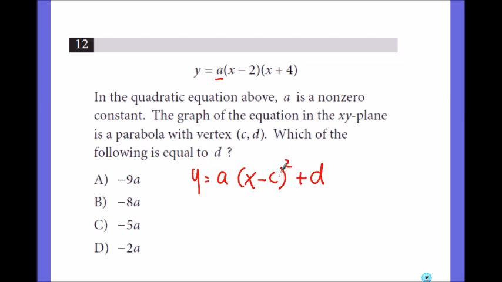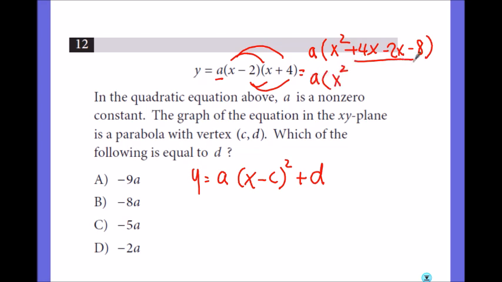So let me see how we can change from here to here. You have to complete the square. So first, let me FOIL it. So it's a times x squared plus 4x minus 2x minus 8. So I get a times x squared, and when you combine the middle terms, plus 2x minus 8. And how do you complete a square?